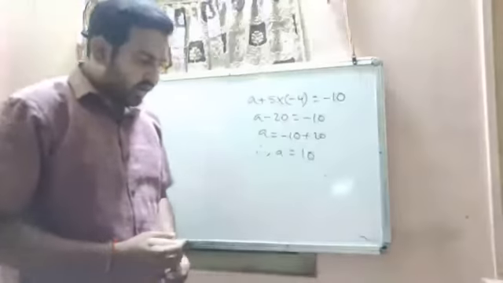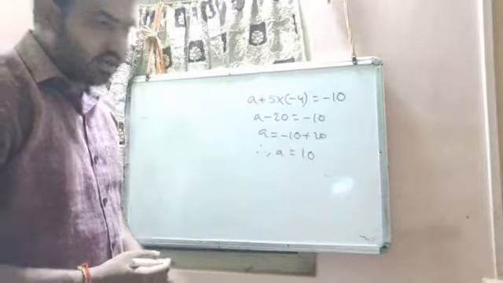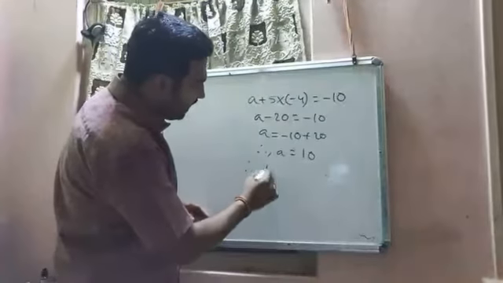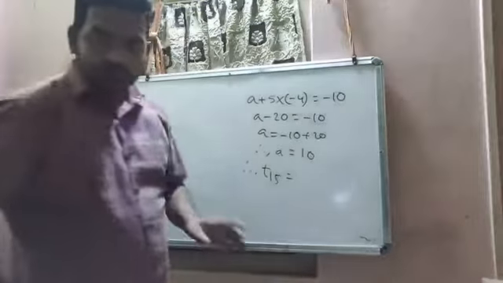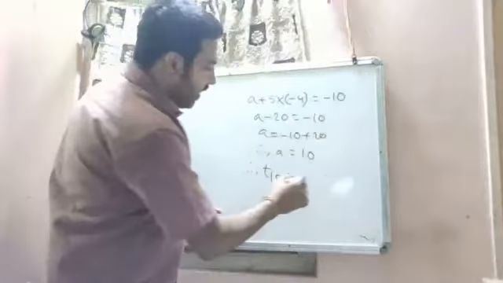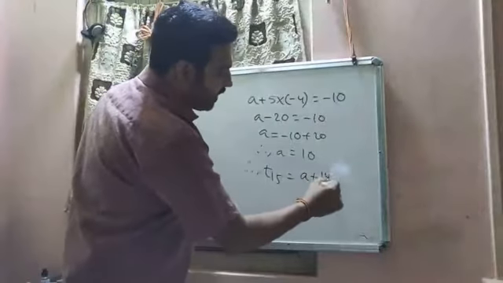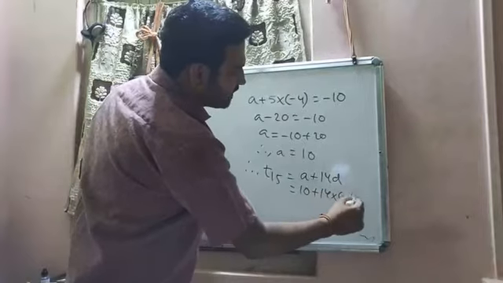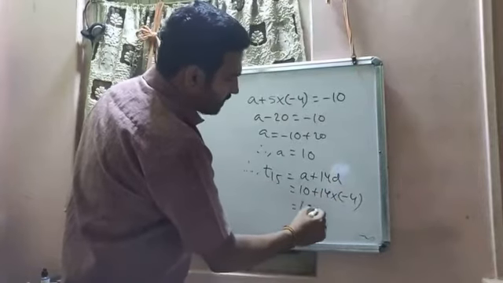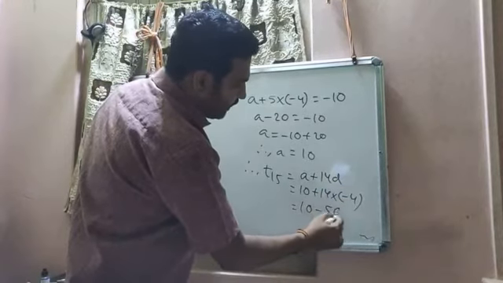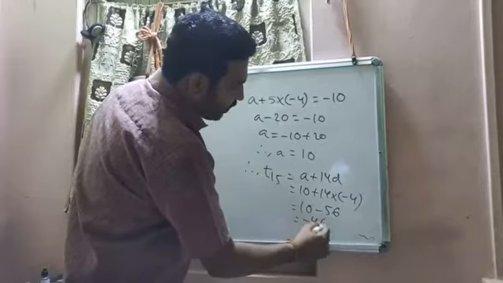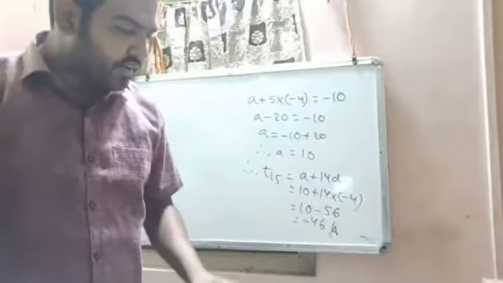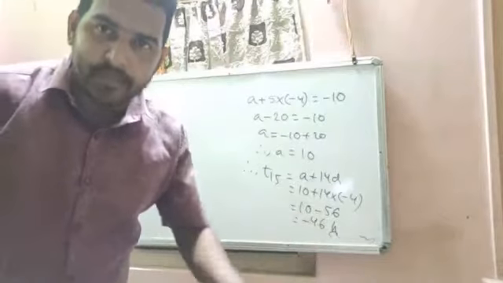We have calculated the first term as well as the common difference. Now we can easily calculate the 15th term. The 15th term is A plus 15 minus 1, that means 14D. A is 10, 14 into minus 4, so 10 minus 56 is minus 46. That is the 15th term of the said AP.